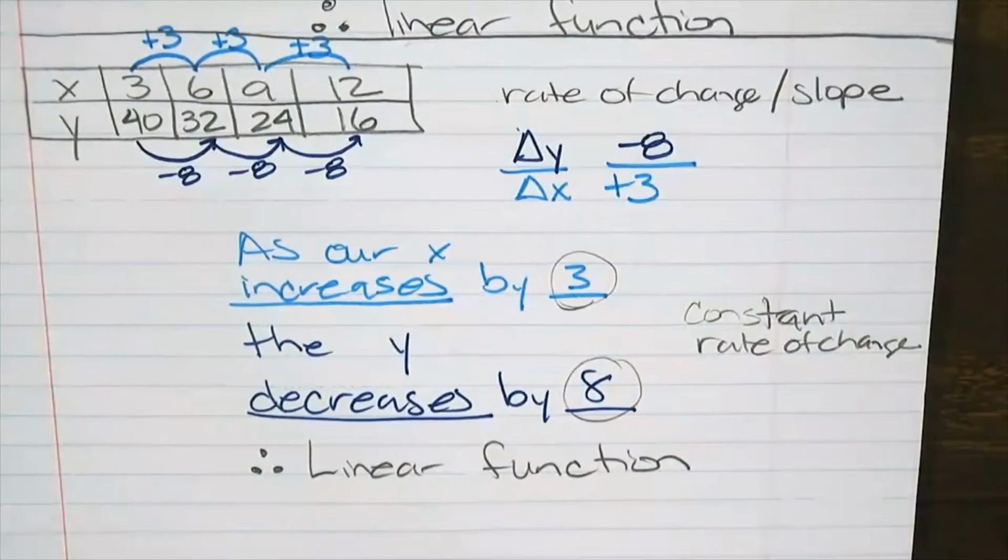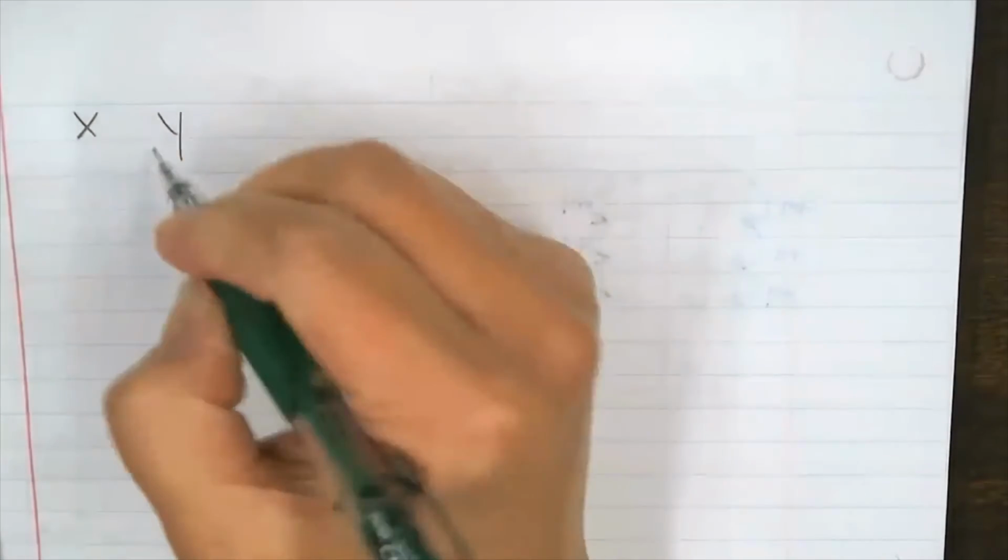Okay, well, that's fine and dandy. Let's talk about what a nonlinear function looks like. So let's create another table. And in this case, we're going to use a vertical table.